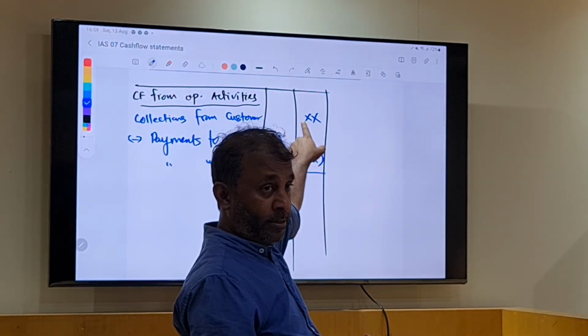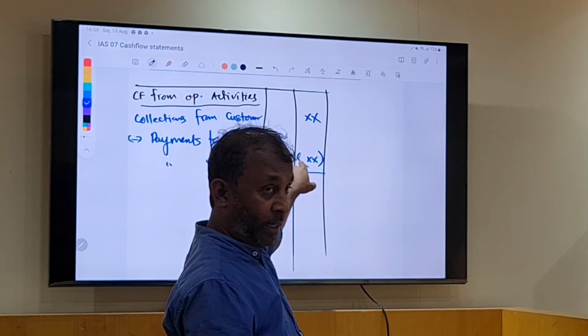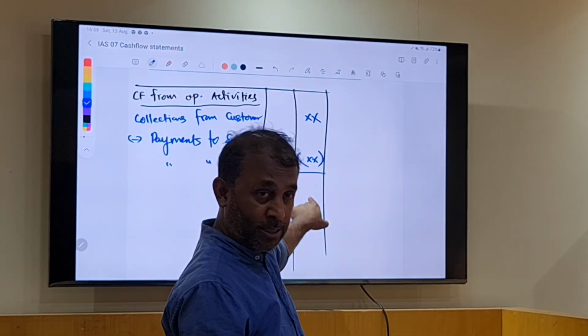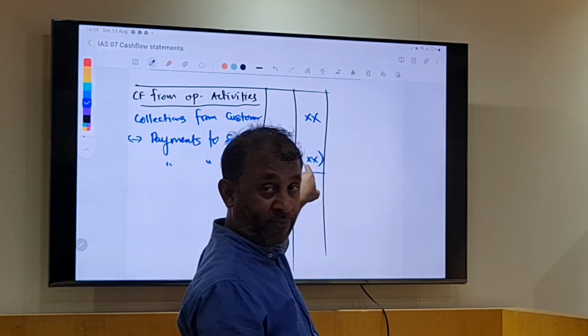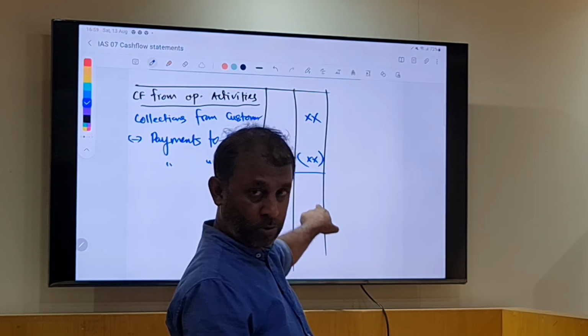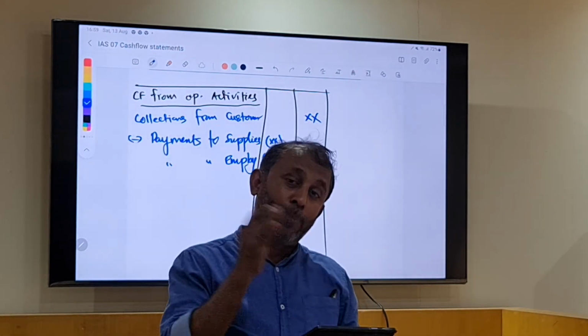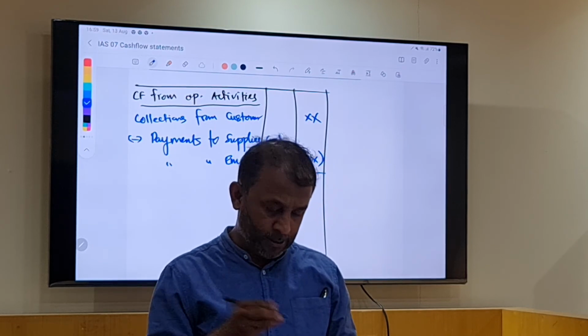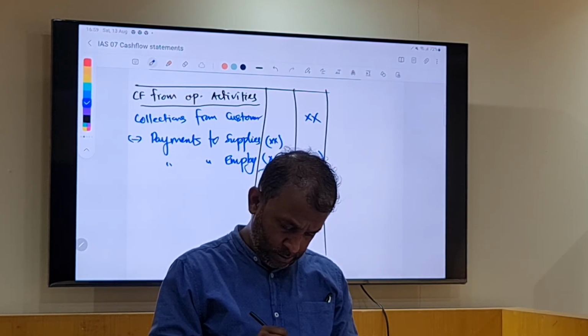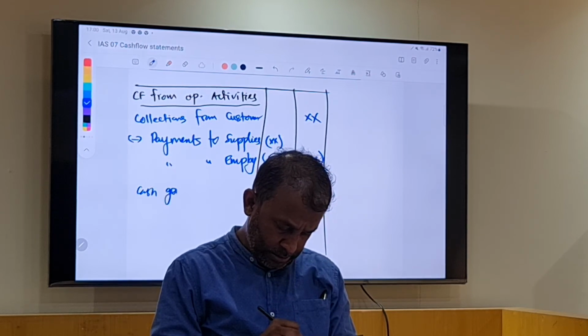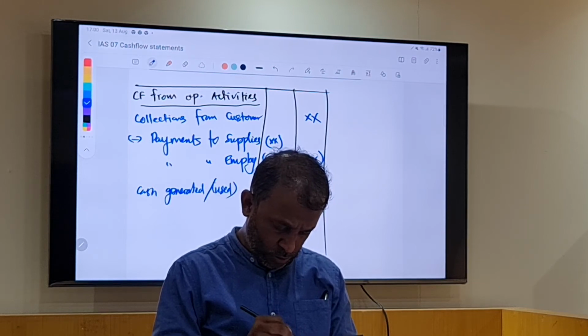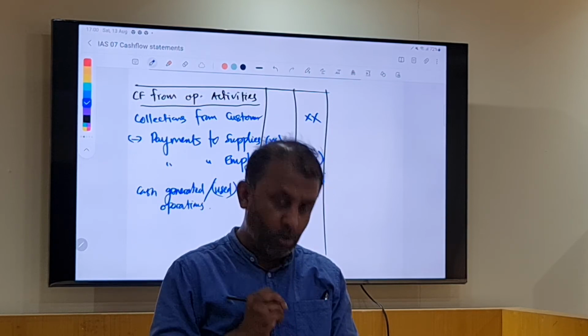Suppose this is 100, this is 75, the answer is plus 25. But suppose this is 50 and this is 75, then the answer will be minus 25. So you may have a plus answer or a minus answer. This we call cash generated or used in operations.